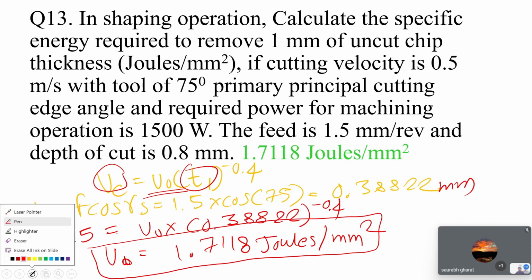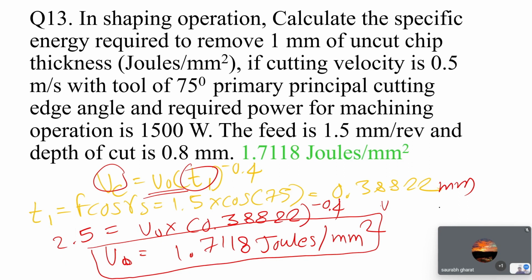So your U0 will be equal to 2.5 into 0.38822 to the 0.4. But when you multiply, what will happen?